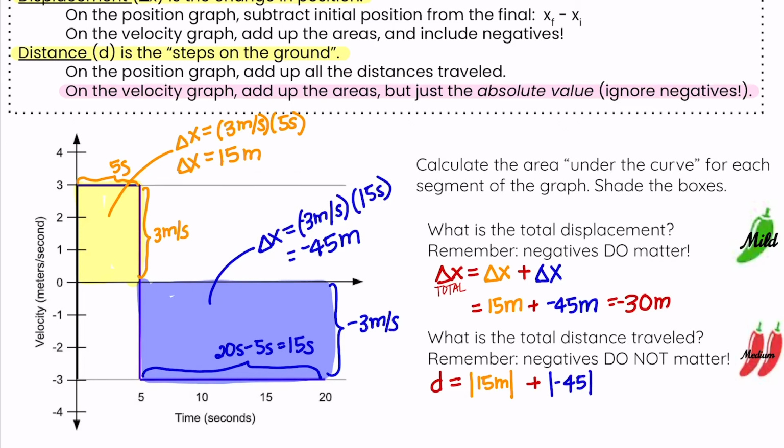And so when we add up the absolute values, it's just the numbers, right? Oh, let me add my units. Very important to add your units. All right, so we have 15 plus 45. And this number is going to give us 60 meters, right? So 15 plus 45 is going to be 60.